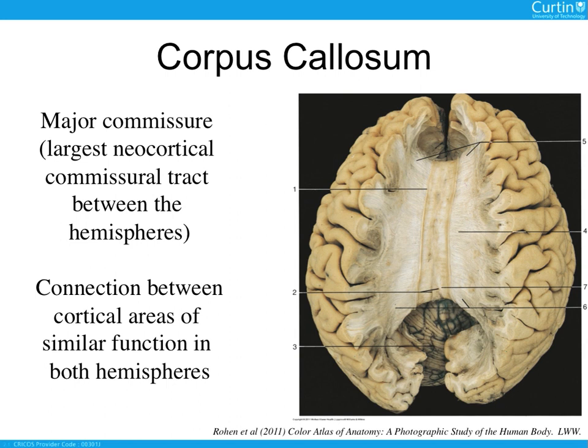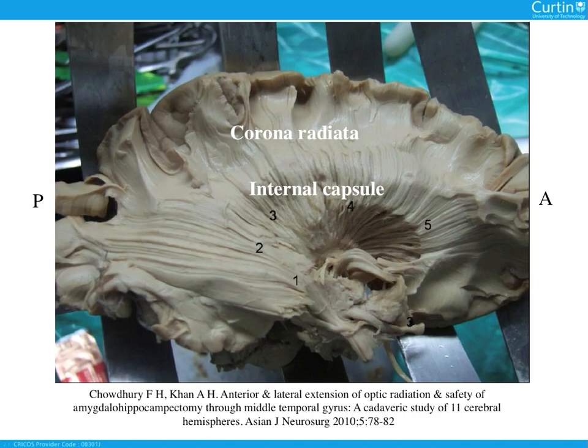Let's move on to some of the projection fibers now. Just to orientate you, this is anterior, this is posterior, this is the cerebral cortex here, and we're talking specifically about projection fibers. Some of the projection fibers from the cortex will be funneled down. This is all the white matter being funneled down, and this radiating crown of white matter that you can see here is referred to in Latin as the corona radiata, radiating crown.